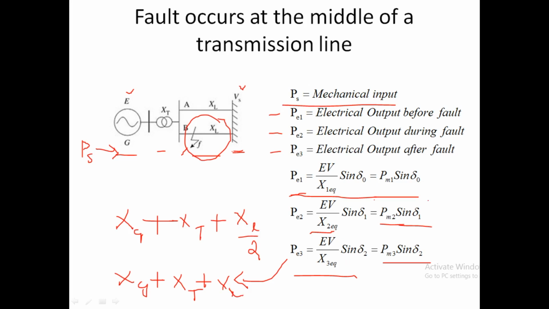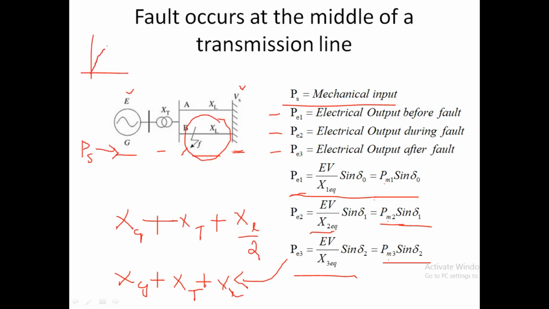You should note that PM1, PM2 and PM3 are different. In each case, before the fault, during the fault and after the fault, the maximum power outputs are different. PM being different means the power angle curve will be different in each case. The power angle curve is PE versus delta.